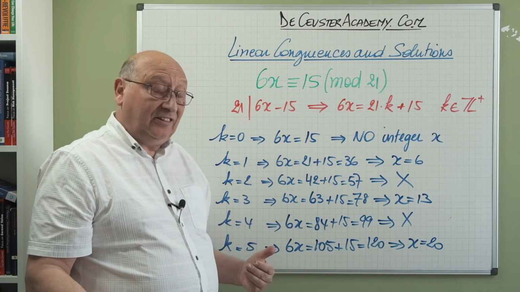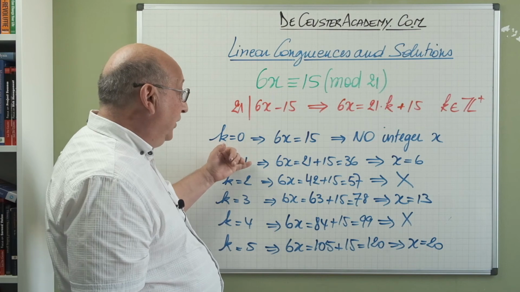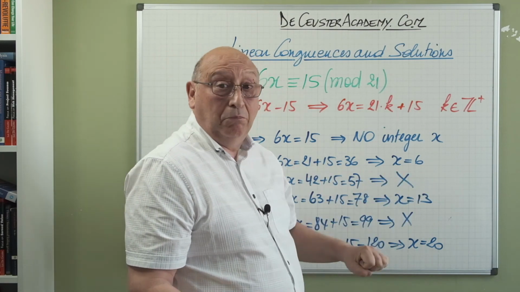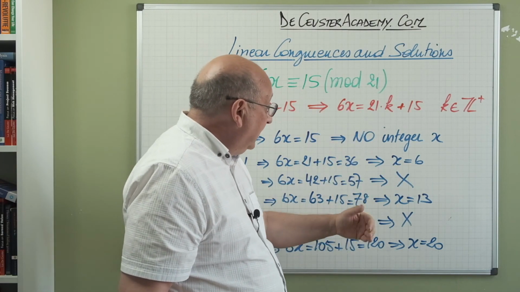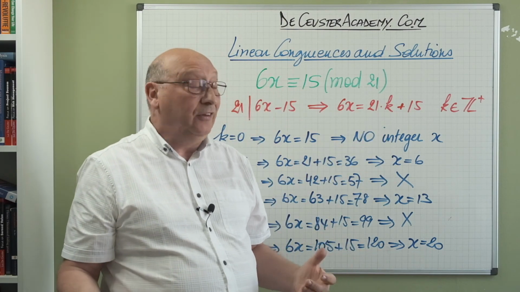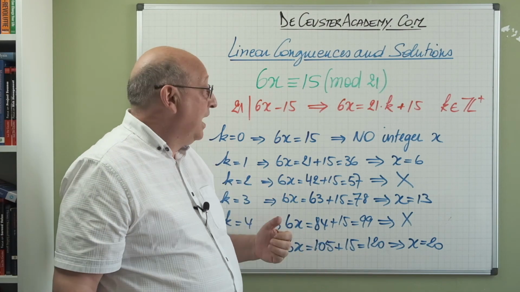We will see that there is no solution. And for k equal to 7, we will find 27. But 27 modulus 21 is again 6. So basically we found the 3 solutions modulus 21, which are a solution for this linear congruence.